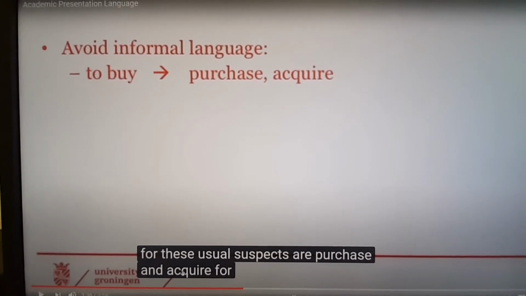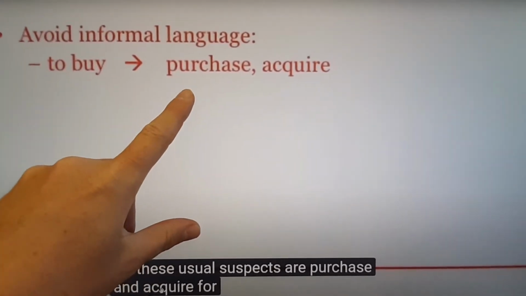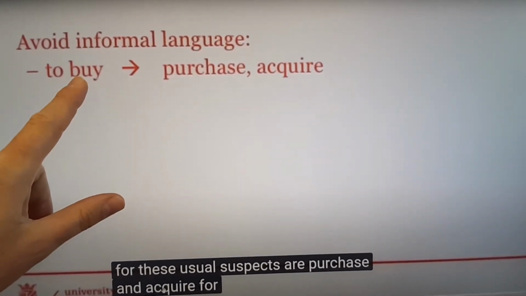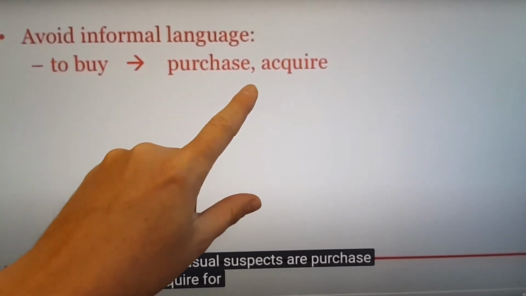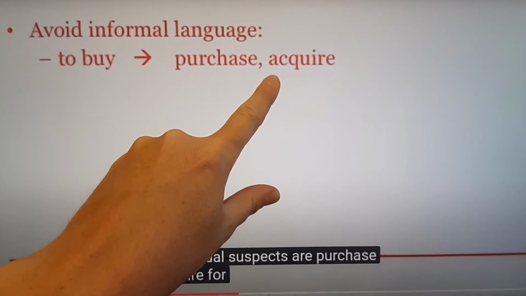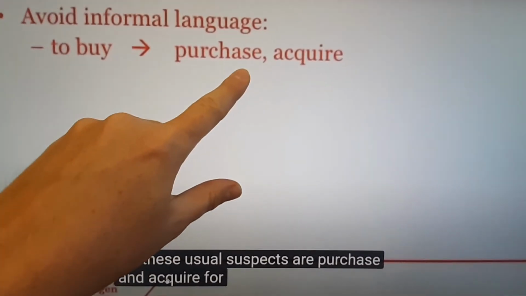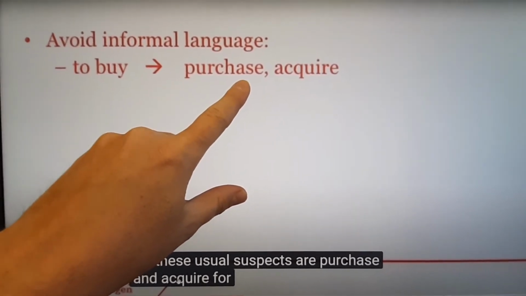Okay, so you can use this in your presentation when you talk about the materials. So you don't want to say "we bought," but "we purchased" or "we acquired." Acquire is also like obtain. You can use these words in your scientific writing, in any research article.